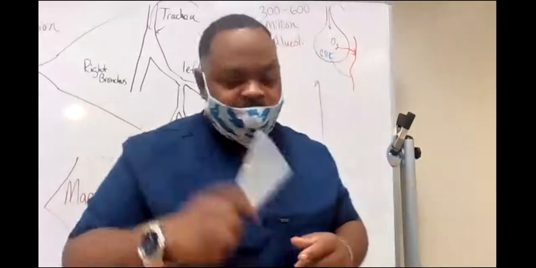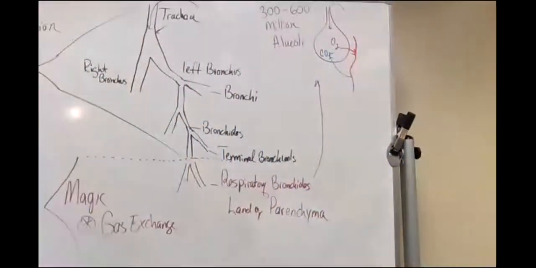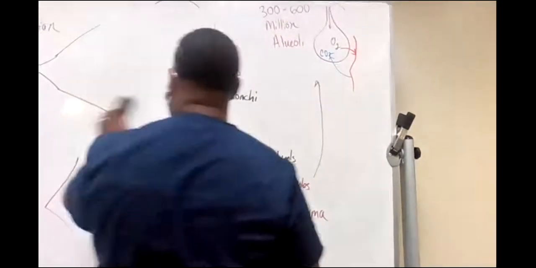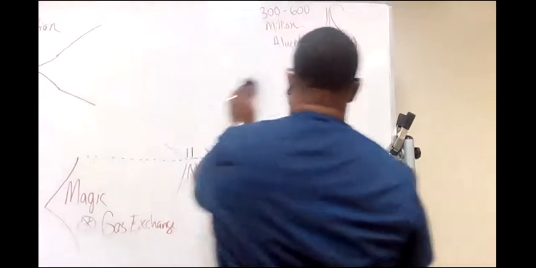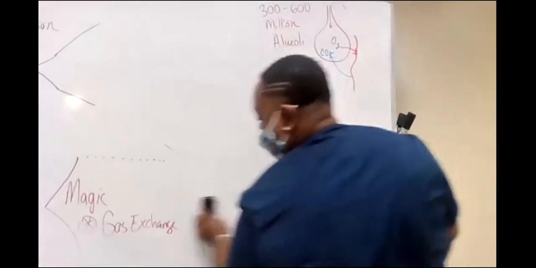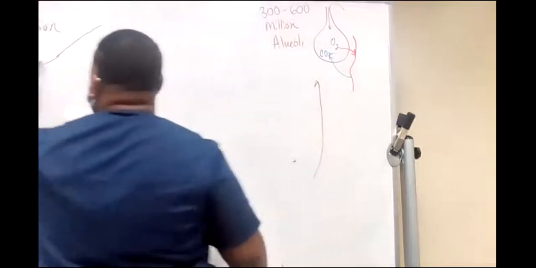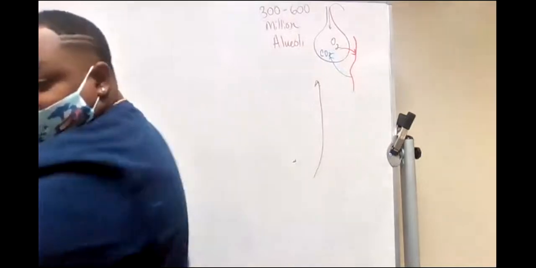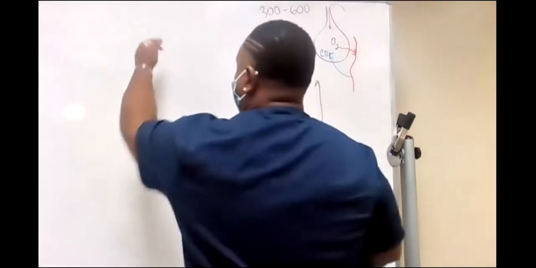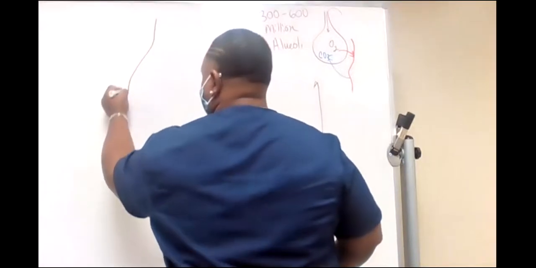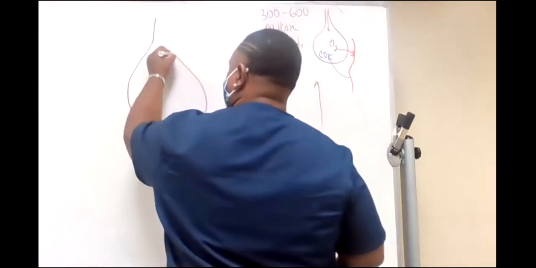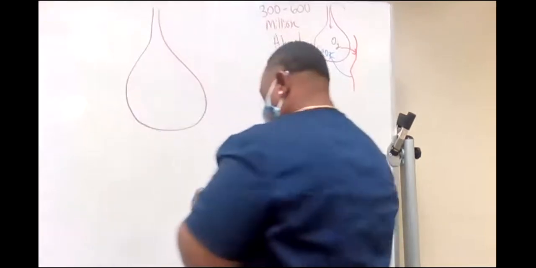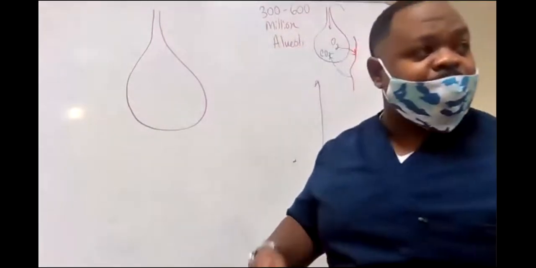Okay? Now, another way to look at it is this. All right. Let's say this is my alveoli. What color is deoxygenated blood?